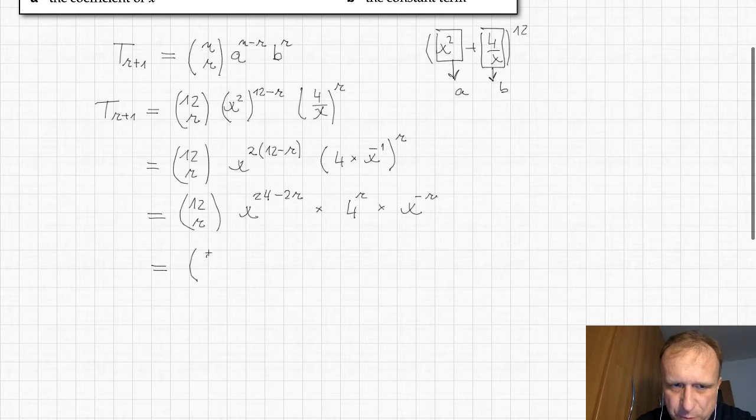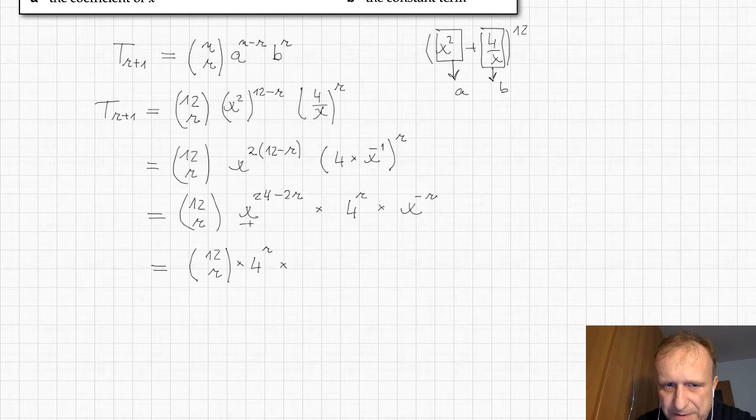Its numerical coefficient is 12 choose r times 4 to the power of r, times, and now these can be put together to make one single power of x. Since we have a product we have to add the exponents, so it's 24 minus 2r minus r.